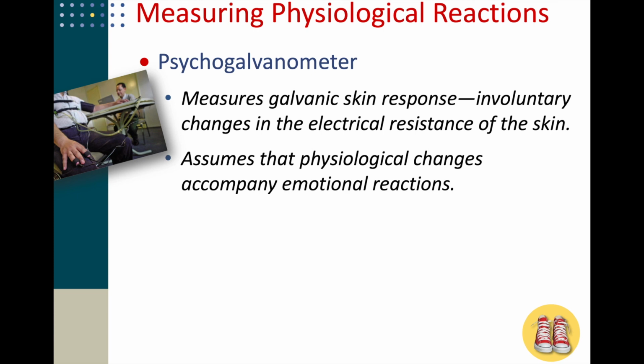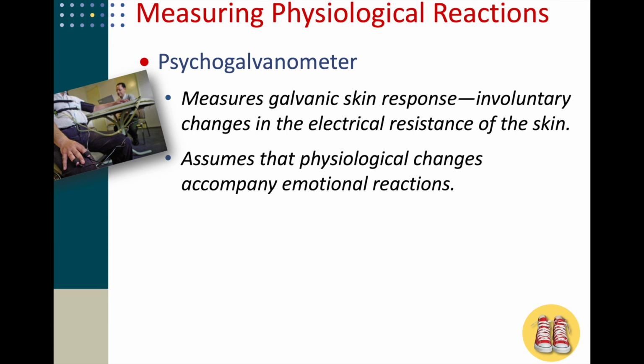And it assumes that physiological changes accompany emotional reactions. So I worked at both companies, so I guess I passed it. There's been a lot of scrutiny today with that, questioning its reliability and validity. Does it measure what it's supposed to measure?